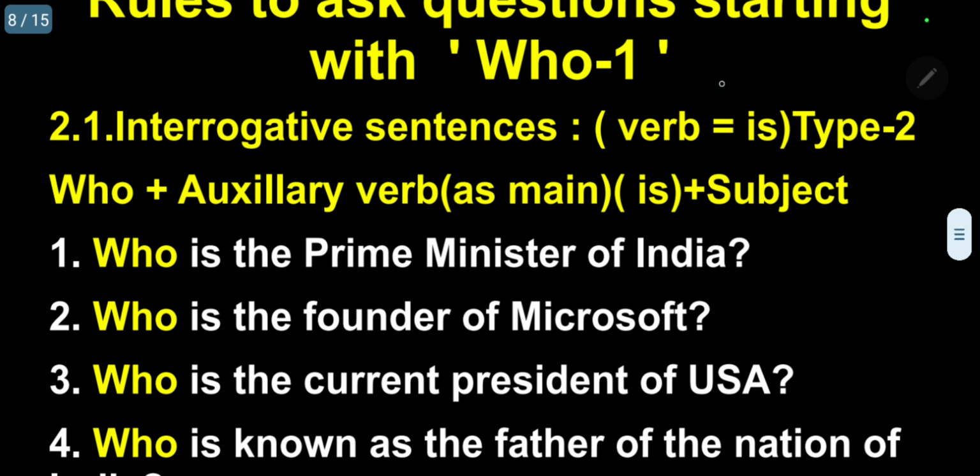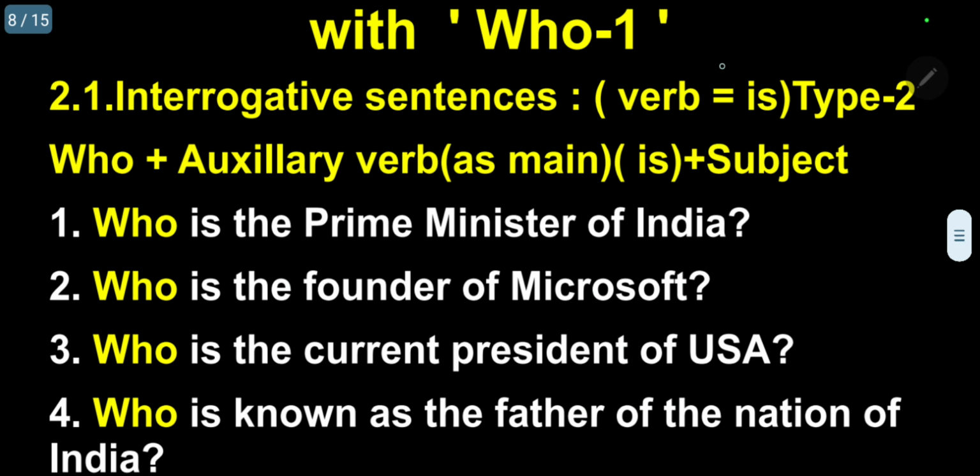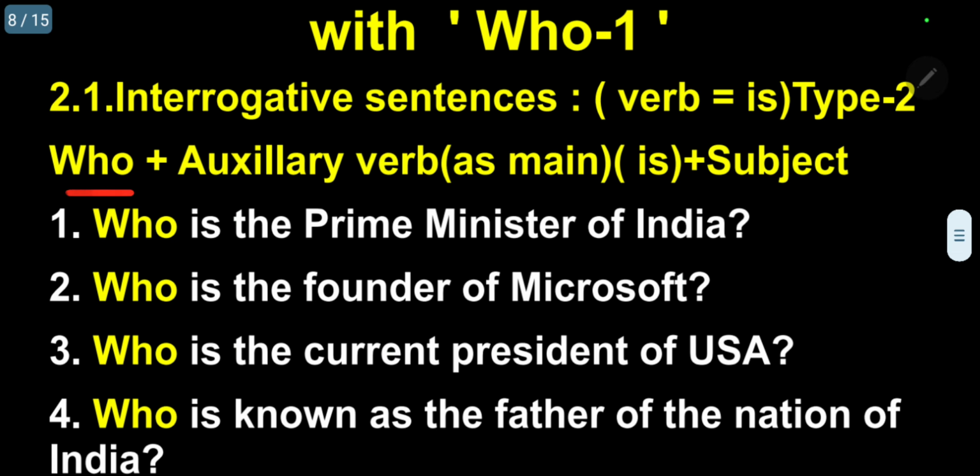I am now using the verb is, which comes under the be verb. So what I am using now is who, auxiliary verb as a main verb, and then only the subject comes. Please follow.